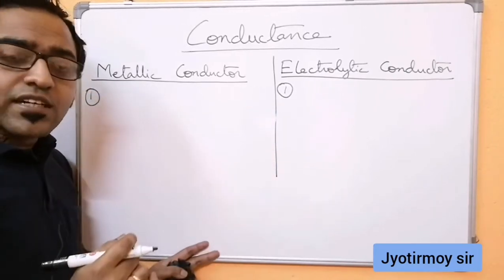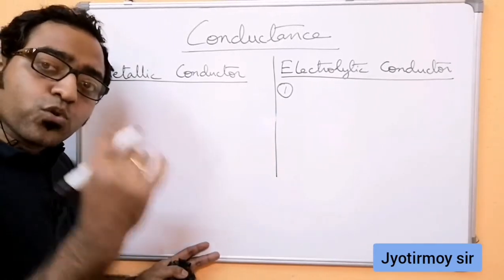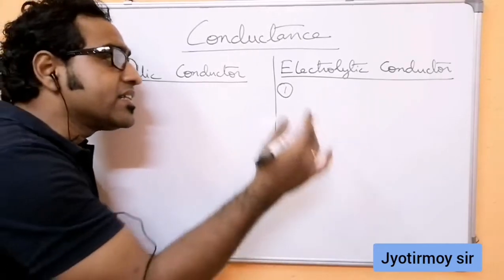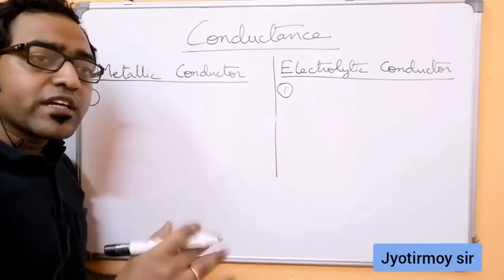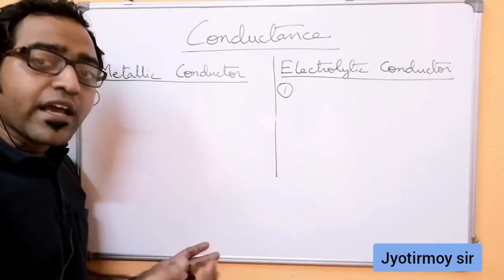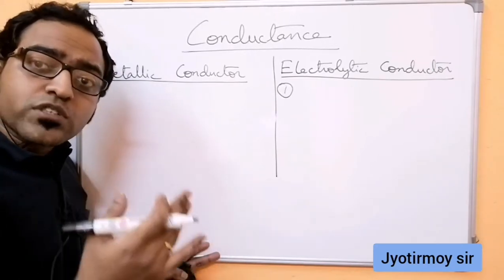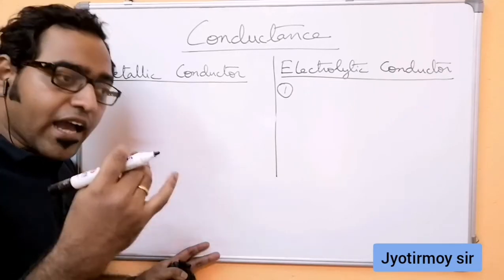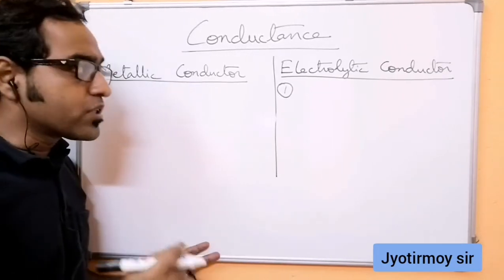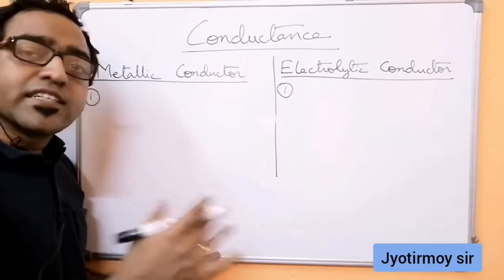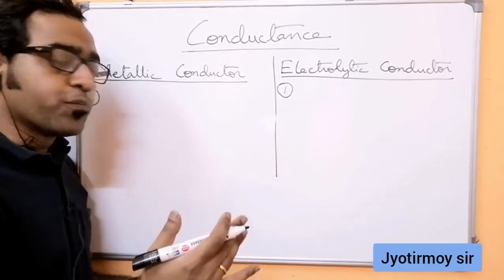Whereas electrolytic conductors are those substances which allow electricity to pass through them either in their molten state or in the form of their aqueous solution and themselves undergo chemical decomposition.